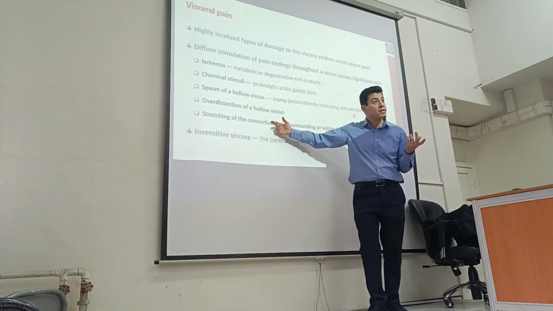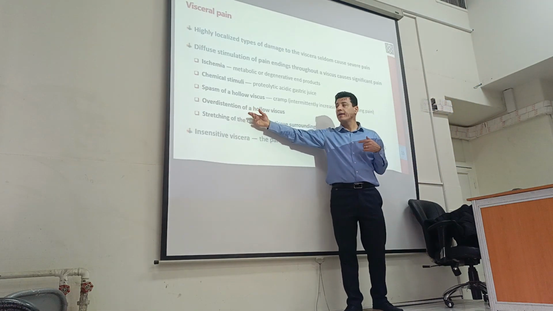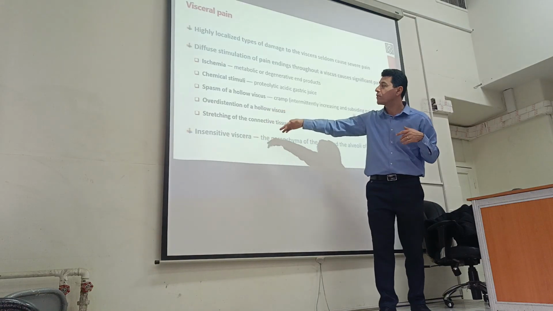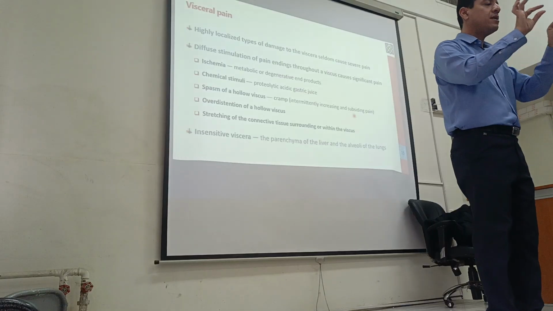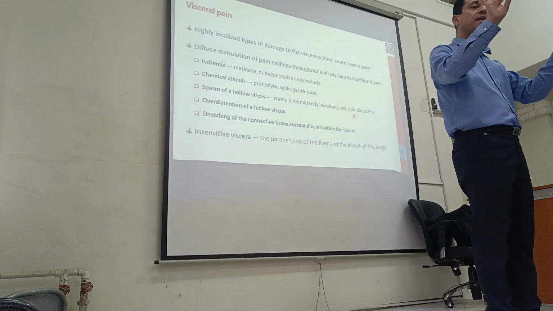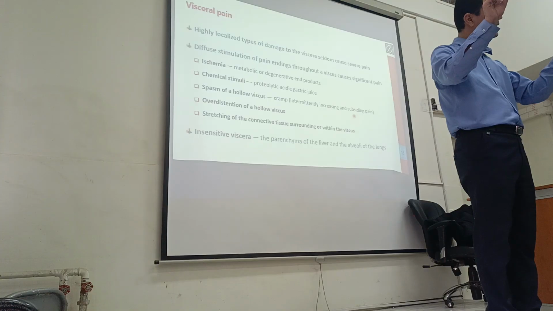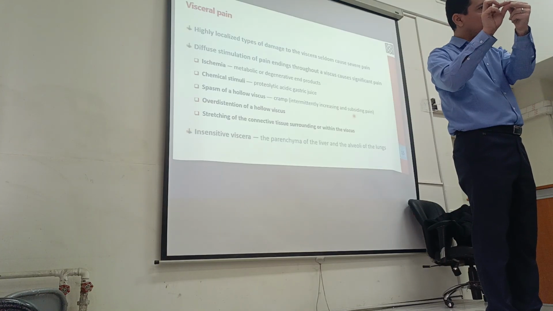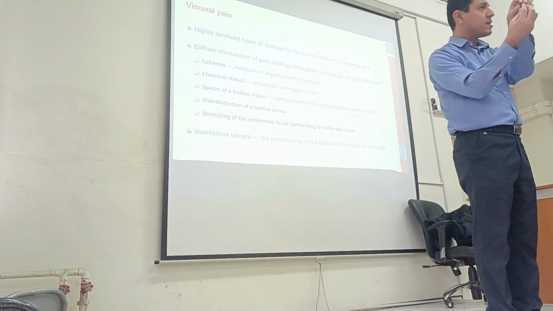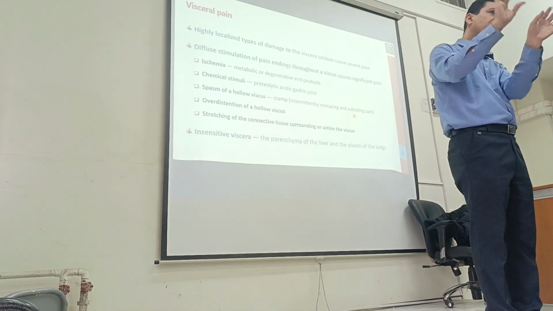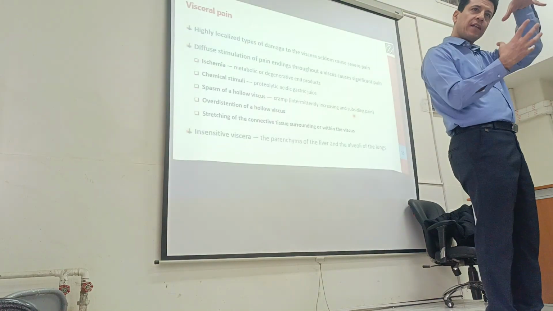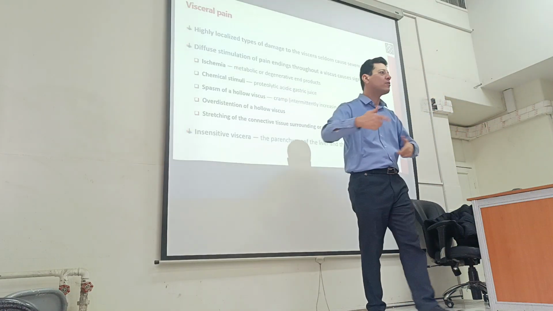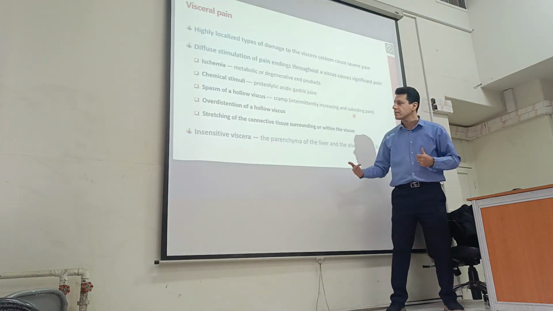Another type of widespread stimulation is over distension. So imagine that you have a piece of intestine, right? We have a block here, materials want to go this way, but we have a block here. So this intestine before this block is over distended. This over distension activates nociceptors, the patient feels pain again, right?